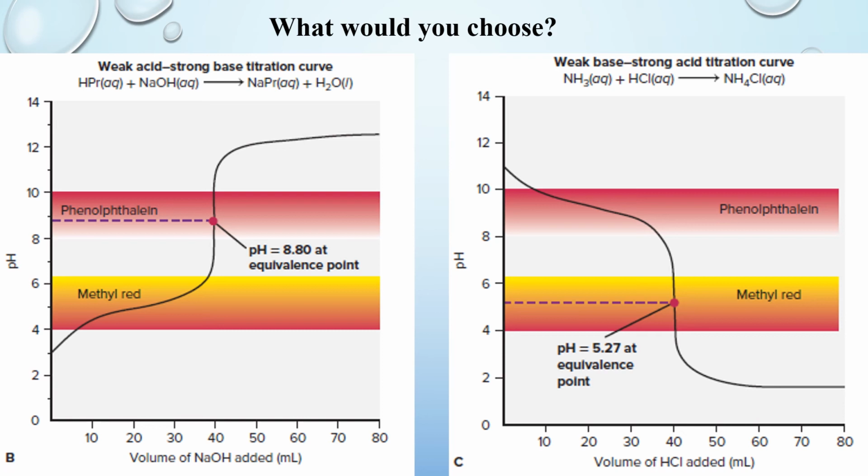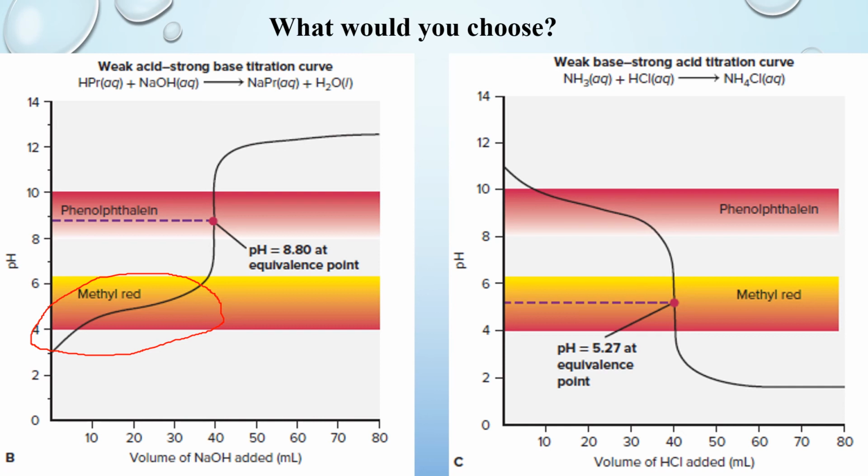For the acid-base titration curve on the left, it represents a titration between a weak acid and a strong base by adding the strong base into the weak acid. Based on what we learned from the previous lecture, we know that once we start to add a strong base, we are creating a buffer due to the existence of these common ions.